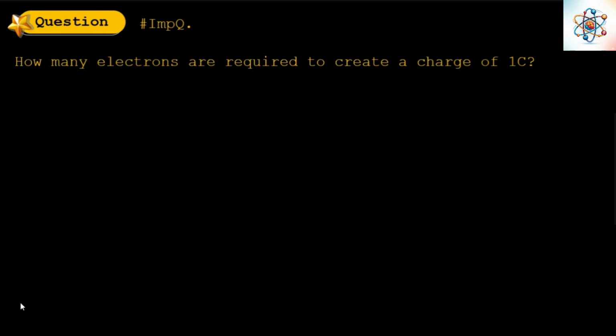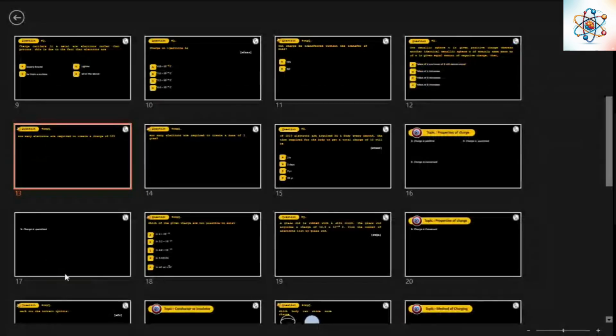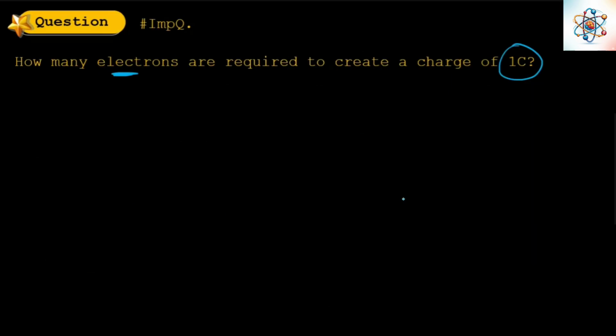Now, this is something which is very fundamental. You not only need to understand what it is, you actually need to know how it is calculated. The question says, how many electrons are required to make a charge of 1 coulomb? So in order to understand charge, we need to understand the unit of charge.